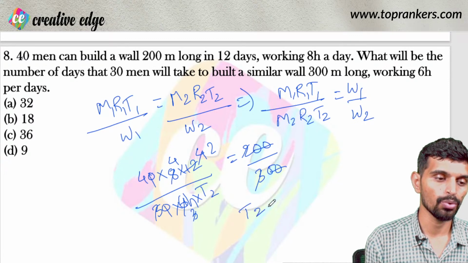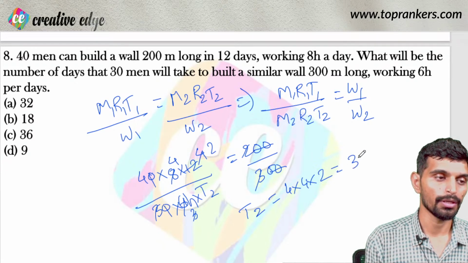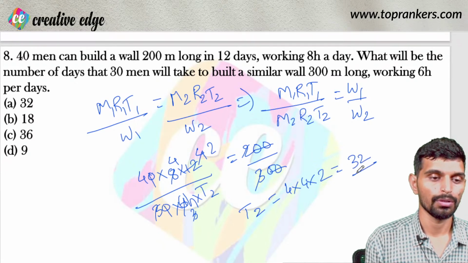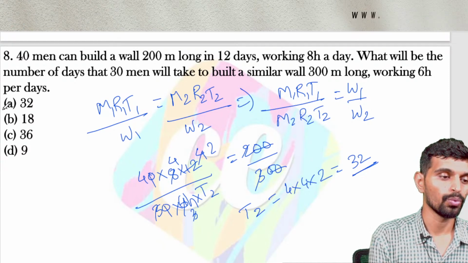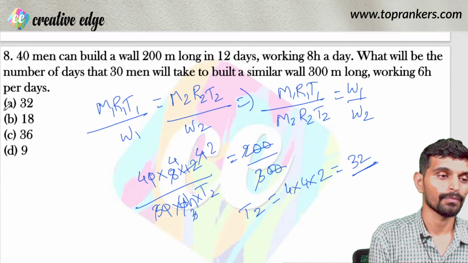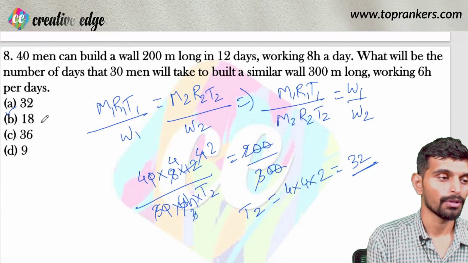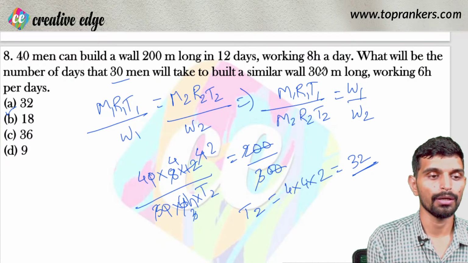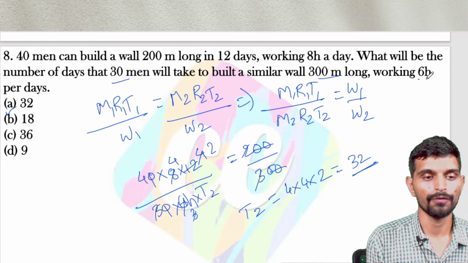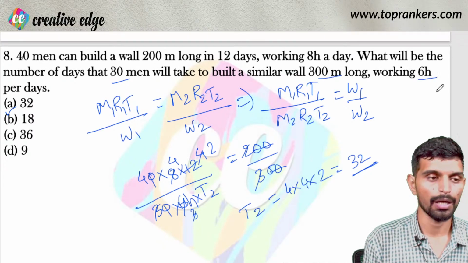So T2 is equal to 4 into 4 into 2, that is 32. So answer will be 32. 32 days are required by 30 men to build a wall of 300 meter long working 6 hours a day.